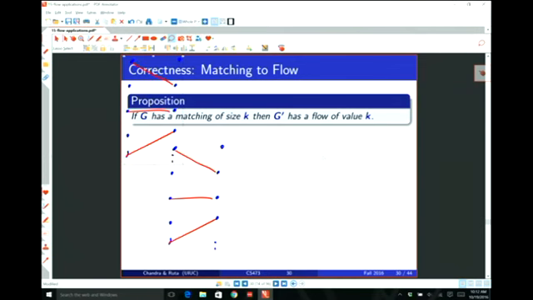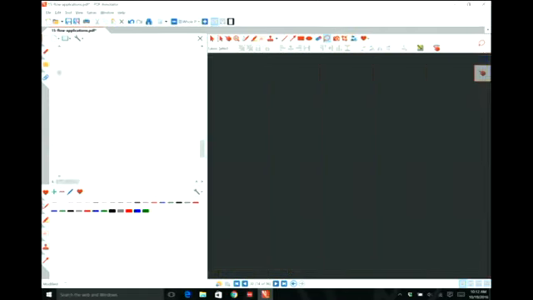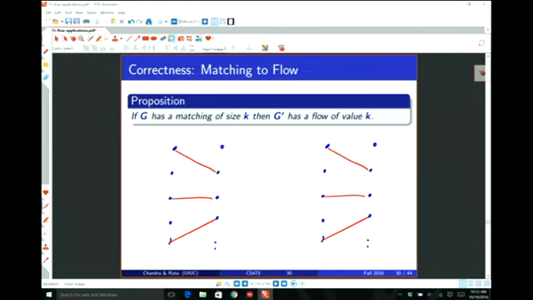So that is G, and this is G prime. G prime has this super source S and super sink T, and it has all these arcs.